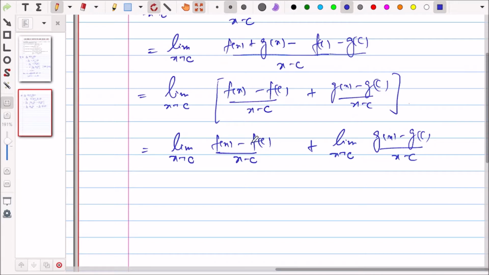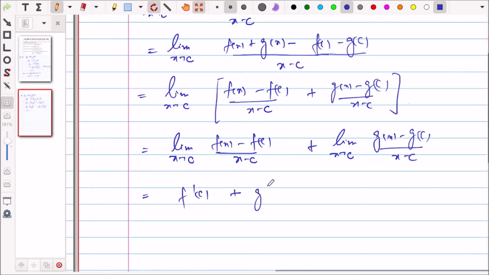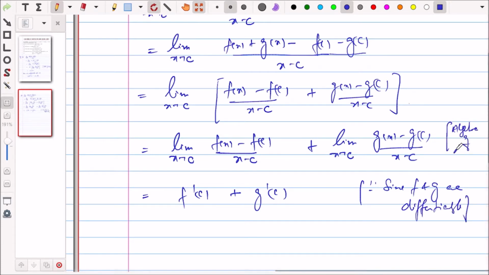Now since both f and g are differentiable, this limit will exist and this limit will exist, and the value of the limit is nothing but f'(c) plus g'(c), since f and g are differentiable, and here we have used algebra of limits.